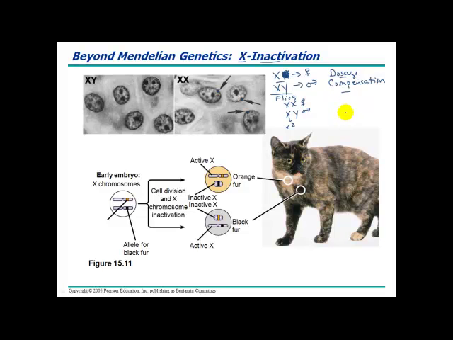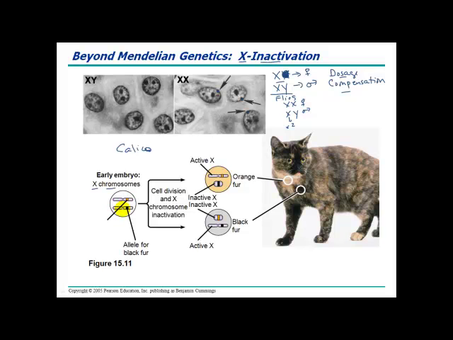We can see interesting phenotypic effects that arise from X inactivation when we have heterozygous genotypes for genes on the X. So a nice example of this is calico cats. It turns out that that black versus orange pigmentation pattern is determined by a gene on the X chromosome. And so we have two alleles. One allele confers the ability to make black fur. The other allele confers the ability to make orange fur.